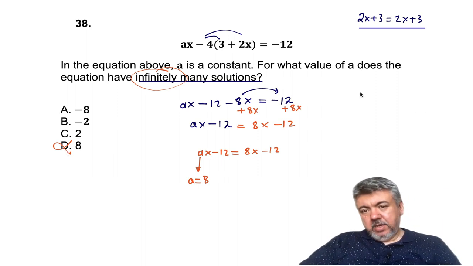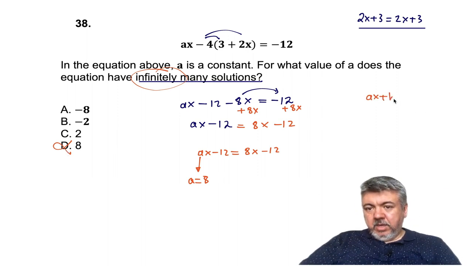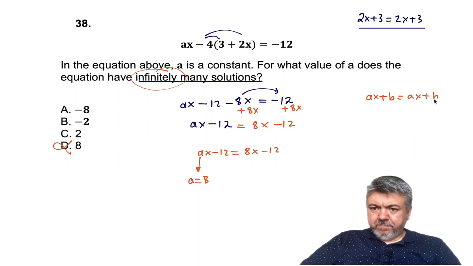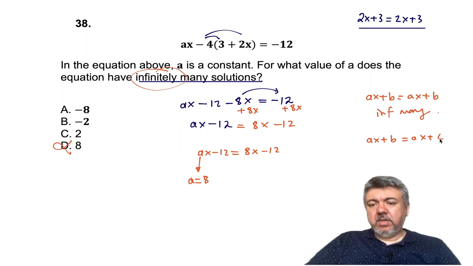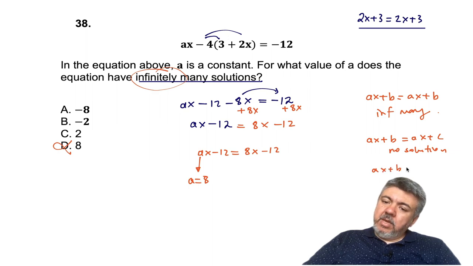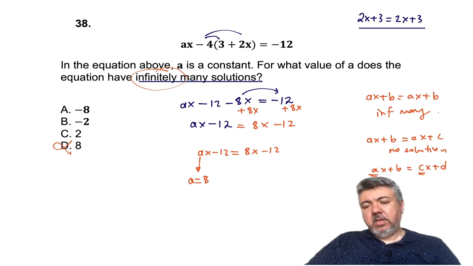Idea is simple. ax plus b equals ax plus b, infinitely many solutions. ax plus b equals ax plus c, where b and c are different, then no solution. ax plus b equals cx plus d, a and c are different, then unique solution, one solution.